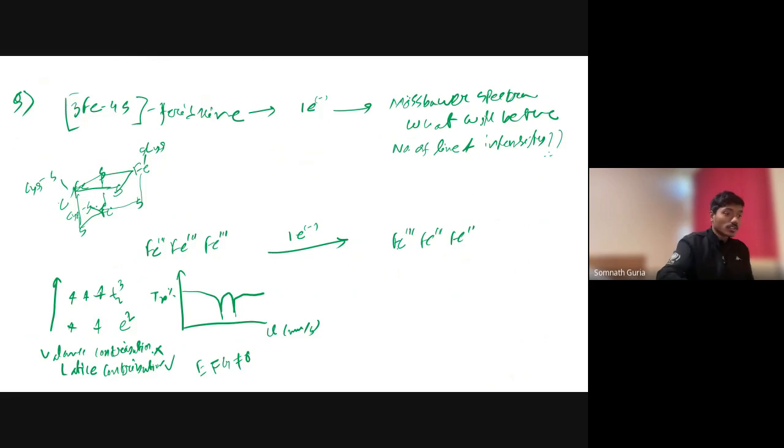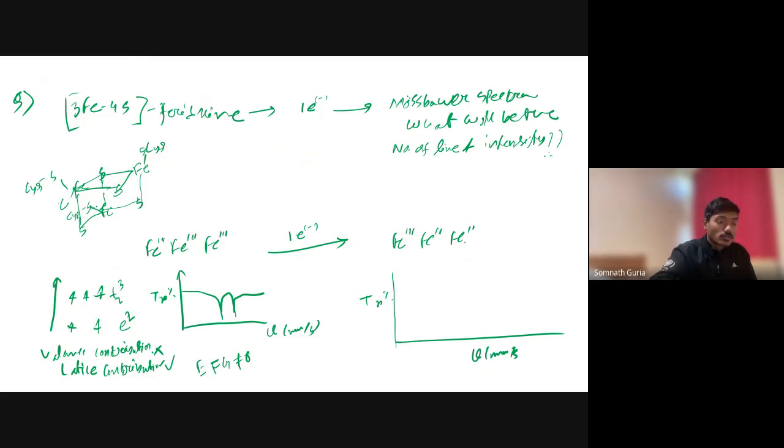On the other hand, when taking one electron, we expect that one iron becomes iron 2 and the remaining 2 stay the same. So for the iron 2 we plot transmittance percentage against velocity in millimeter per second.